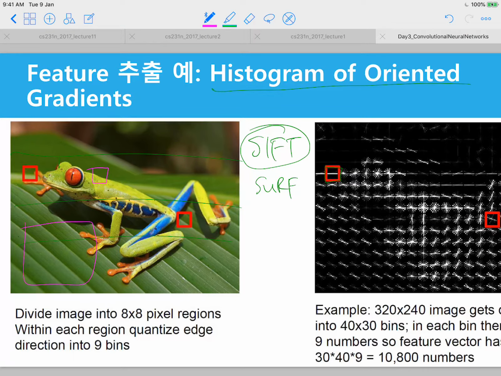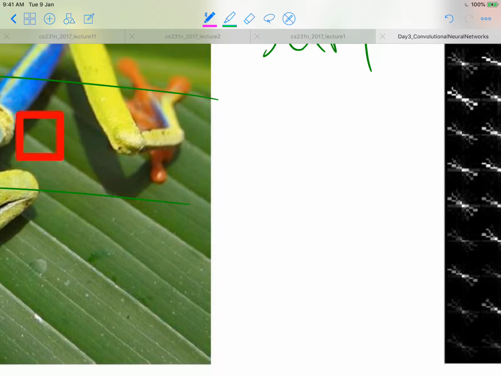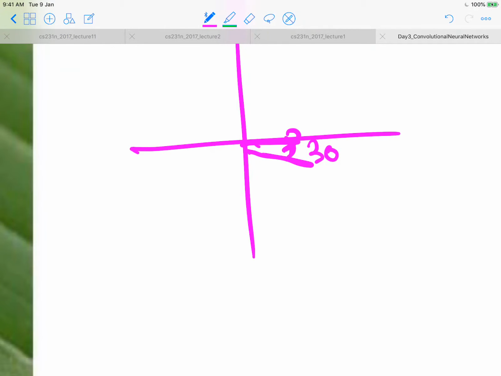Let's think of discretizing this gradient in terms of its direction. For example, this is the first bin, maybe covering a 30-degree range. If our gradient falls into this direction, we basically increase the count of this bin by 1.